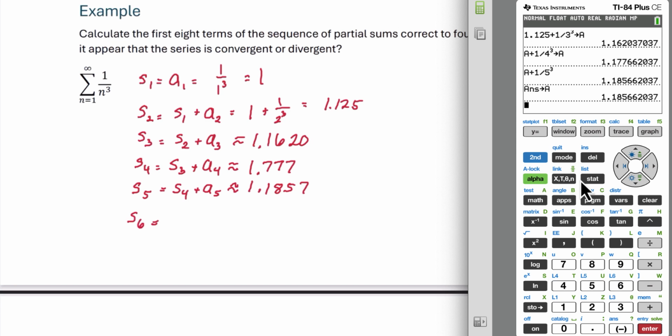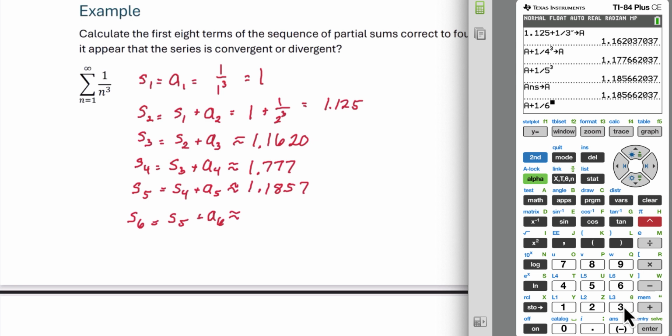S6 is S5 plus A6. Alpha A plus 1 divided by 6 cubed.